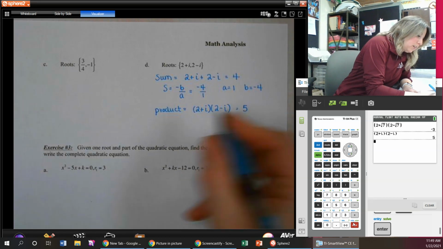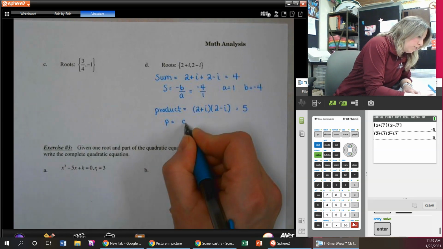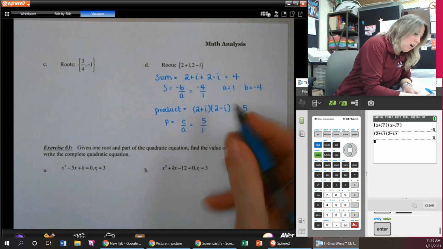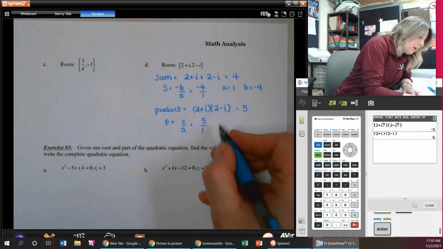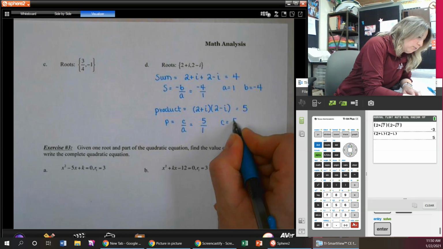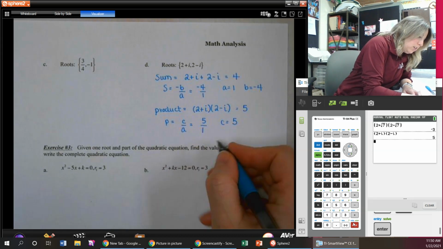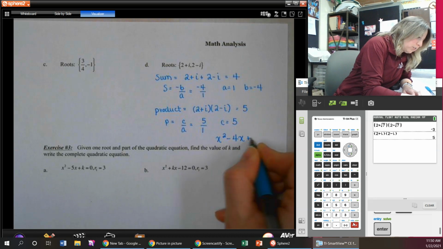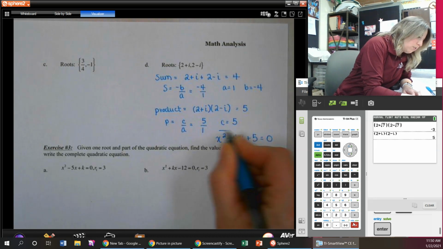And what that means is, since the product is equal to c over a, we've got 5 over 1, which means our a term has been confirmed and our c term is 5. So now we sub those in. x squared minus 4x plus 5 equals 0.